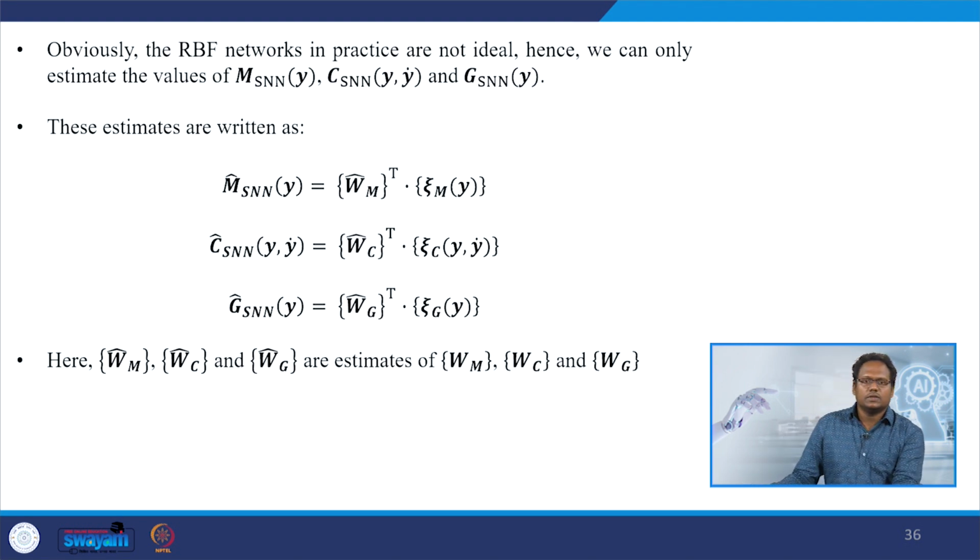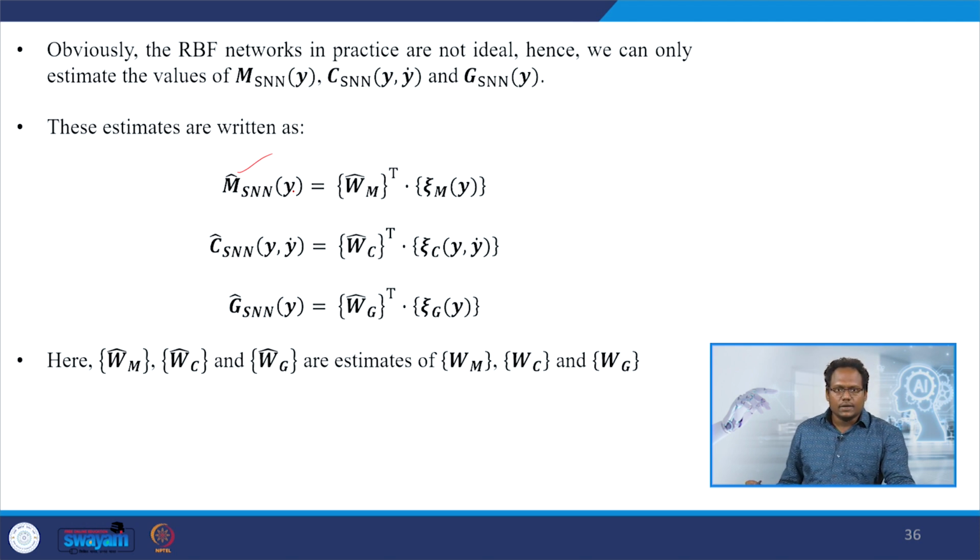Obviously, the radial basis function networks in practice are not ideal, and hence we can only estimate the values of M_SNN of y, C_SNN of y comma y dot and G_SNN of y. Instead of these ideal values, we are going to estimate them. So, the estimation can be represented by a hat.